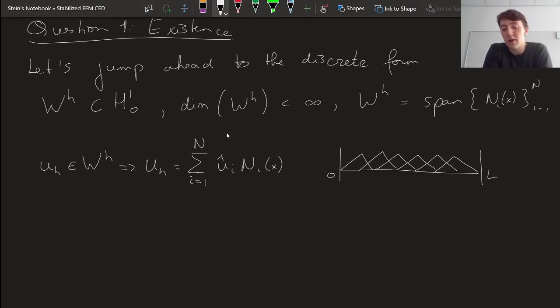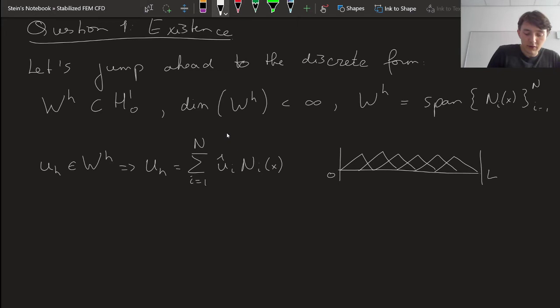A weighted sum of basis functions means that the space W_h is spanned by these basis functions. A span means that I can take any linear sum of whatever is in the span, and that will still be inside of the space. This is very similar to the concept of a vector space that we talked about before, where the linear combination of any components in that space are also in that space. In this case, any linear combination of these basis functions will be a member of the space W_h.